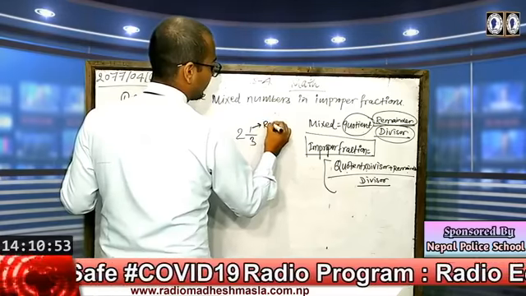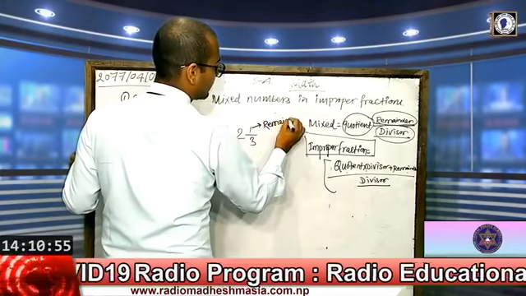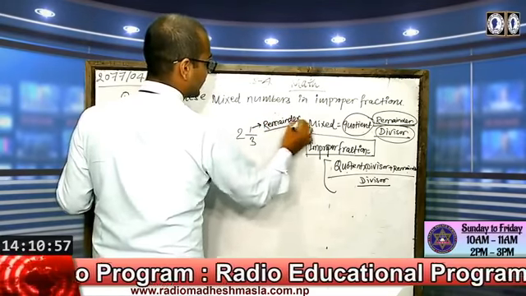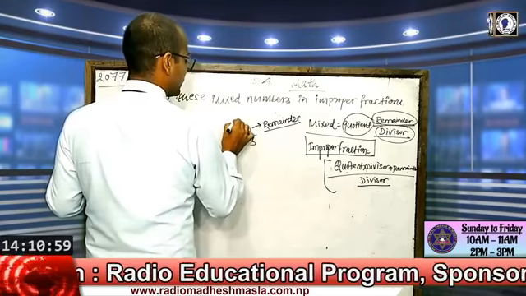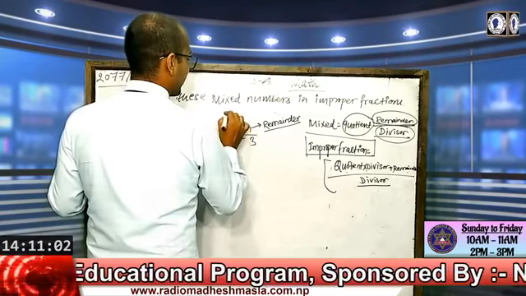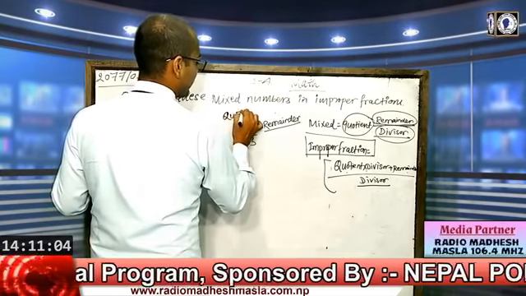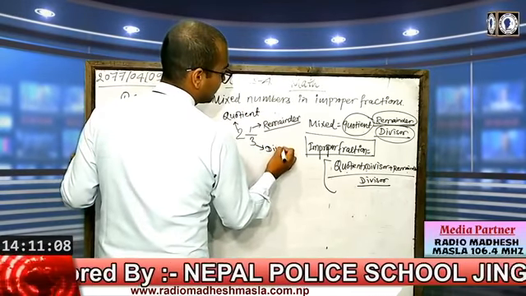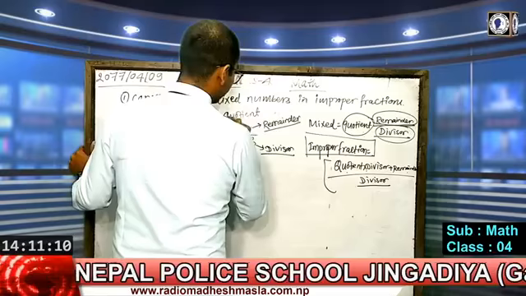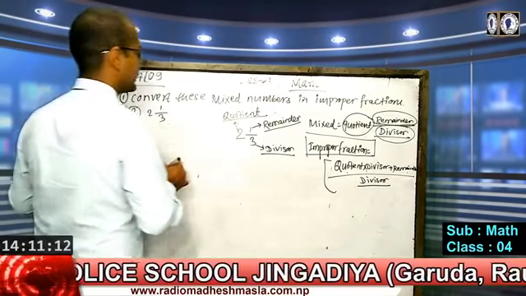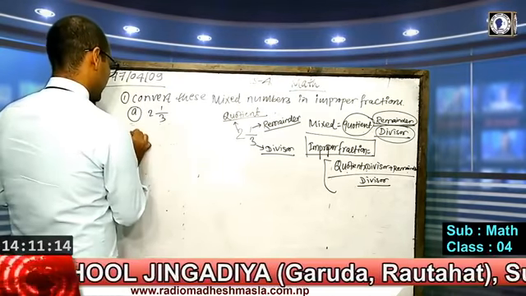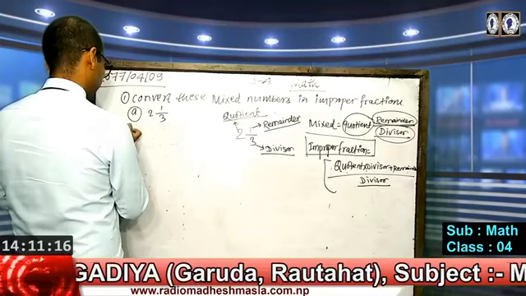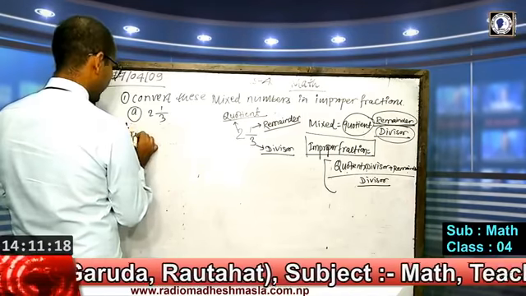Remainder, because the remainder is written as the upper part of the fraction. Then 2 is what? Quotient. In the same way, 3 is what? Divisor.